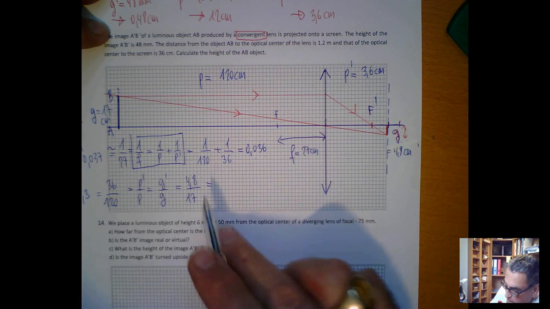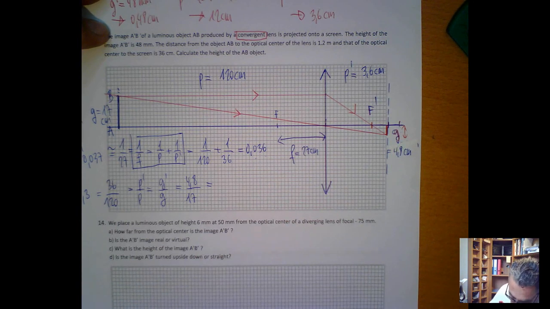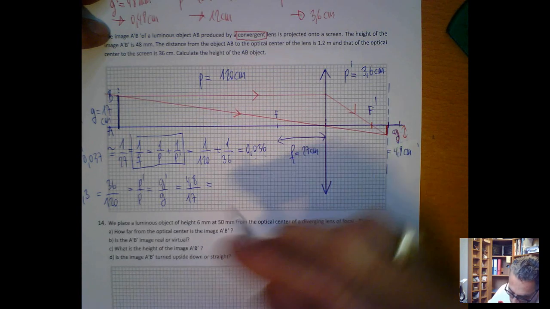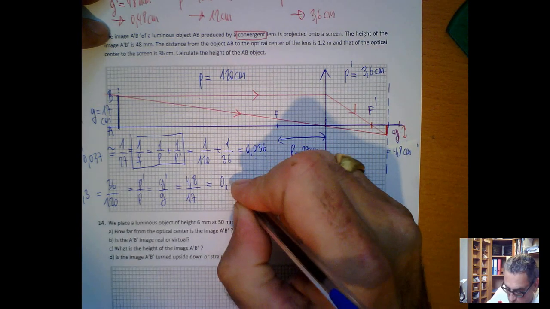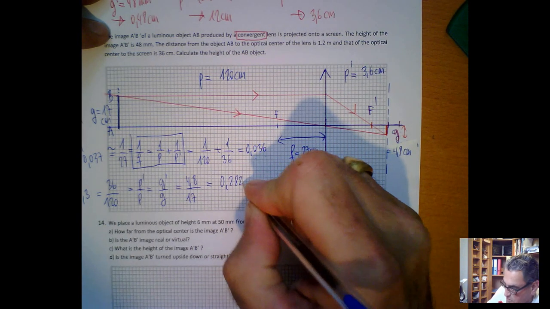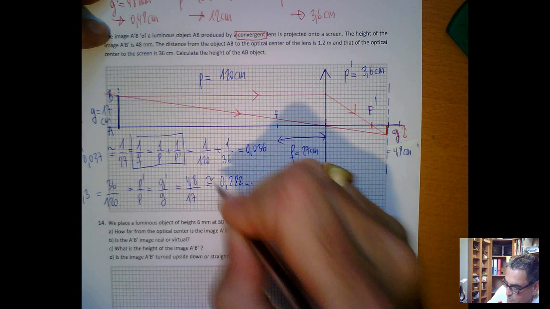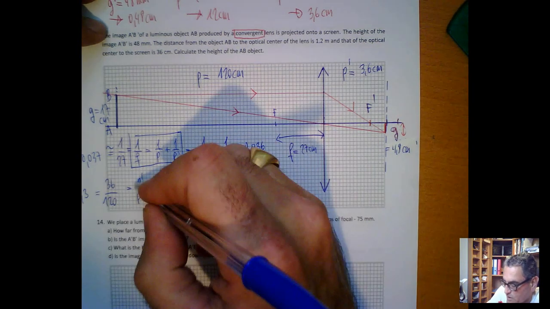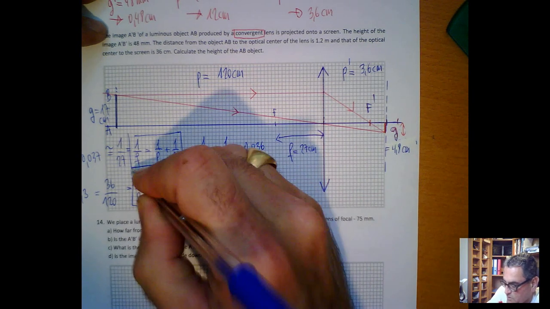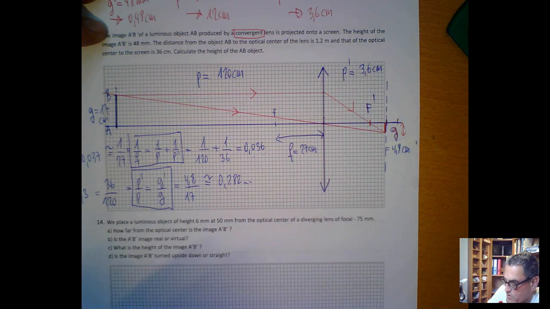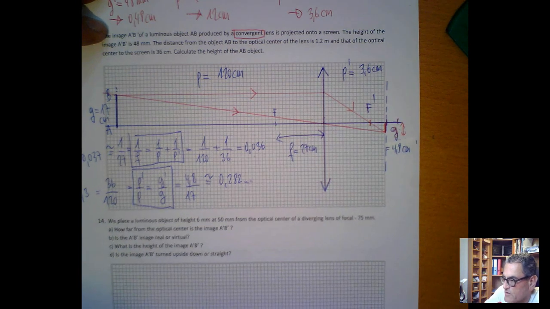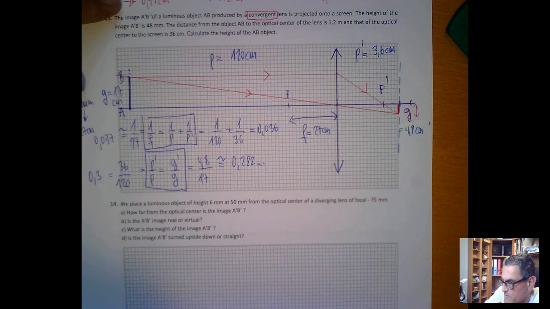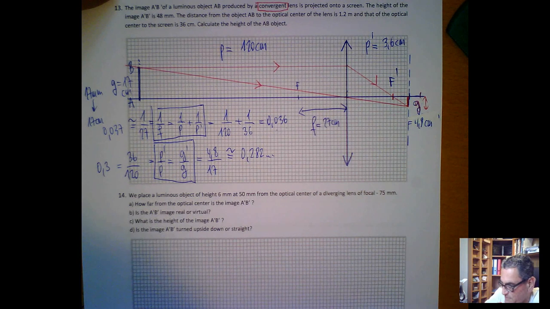Okay, and 4.8 divided by 17, this is 0.282 approximately. Okay, so again we have an acceptable agreement numerically between the two sides of the law of magnification this time, right?